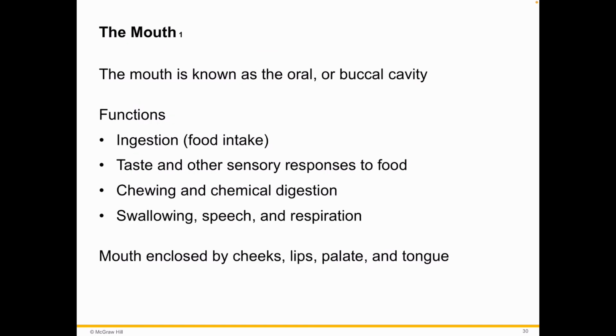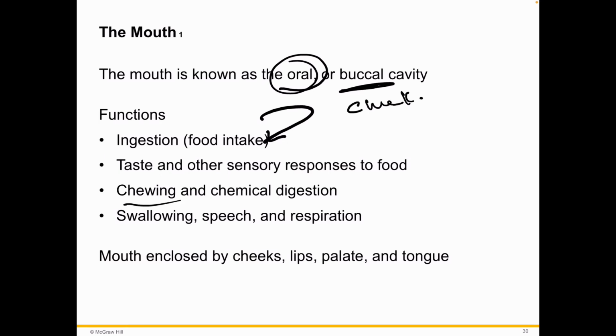Okay, so introduction to the mouth. The mouth is known as the oral cavity or the buccal cavity, buccal meaning cheek. This is where food intake lands, and a lot happens here. Number one is chewing and mechanical as well as the beginning of chemical digestion.